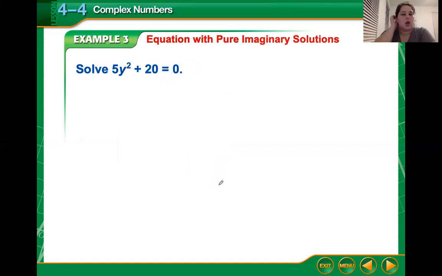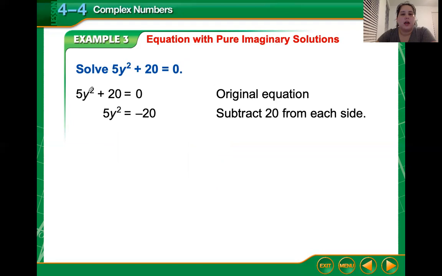So we'll go ahead and solve quadratics that are going to have imaginary solutions, meaning that i is going to be in our answer. So we have our original equation of 5y squared plus 20 equals 0. This is a quadratic because it has an exponent of 2, even though it has y instead of x. That is completely fine. So we're going to subtract 20 from both sides to get 5y squared equals -20.